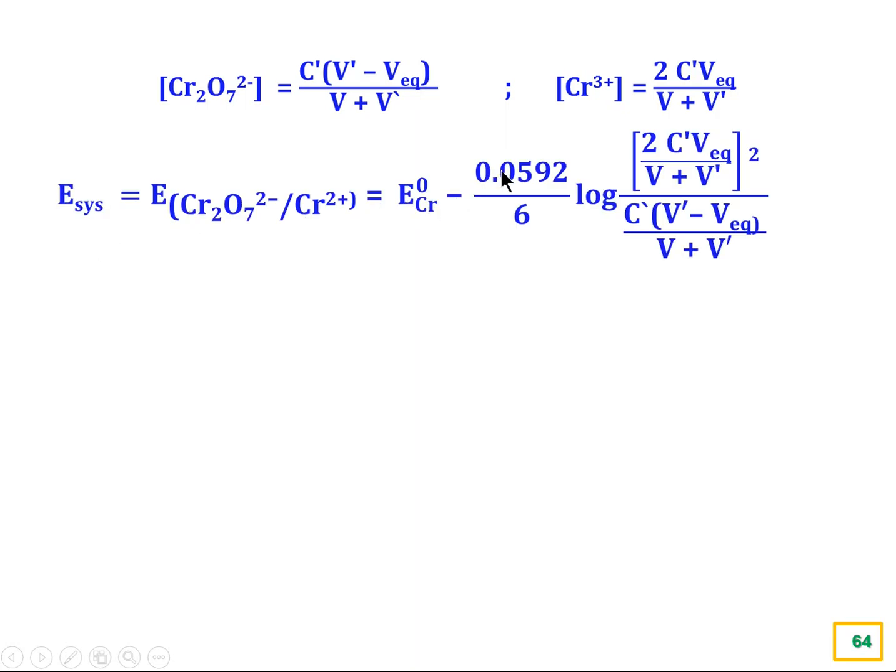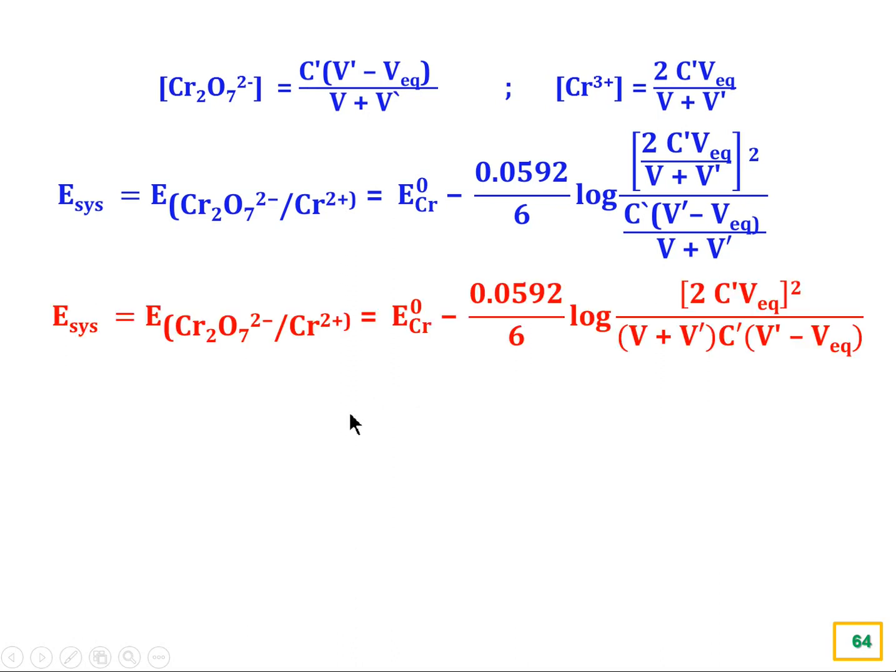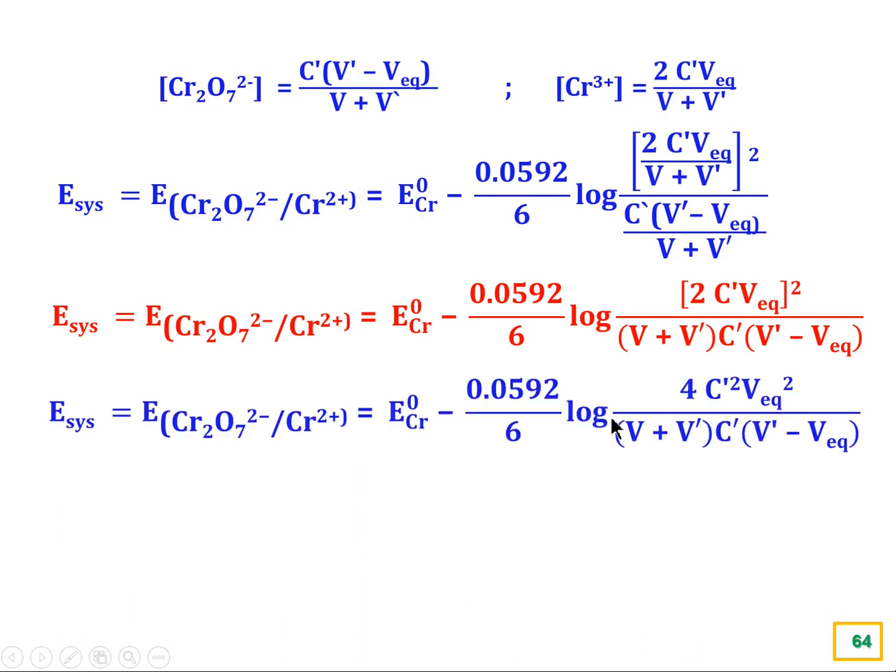We put these concentrations by their values found here. So E equals E0 minus 0.0592 divided by 6 log of 2C prime V equivalence divided by V plus V prime, squared, divided by C prime times V prime minus V equivalence divided by V plus V prime. We simplify by V plus V prime, and we obtain this relation: log of 4 C prime squared V equivalence squared divided by C prime.